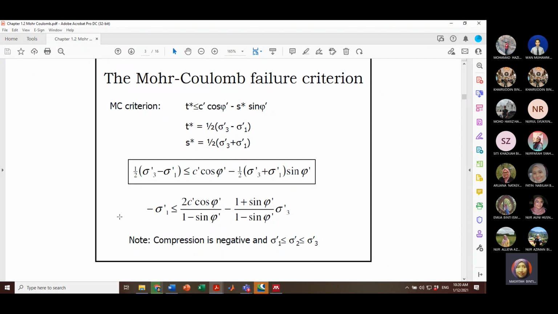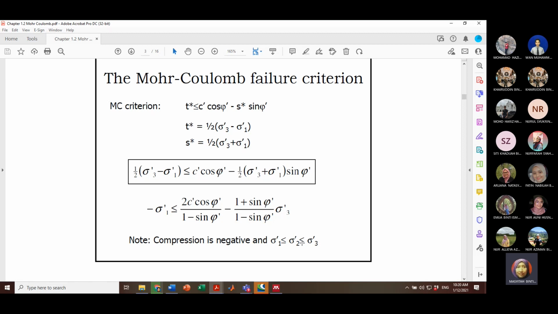In other words, it tells you that the effective major principal stress sigma 1 is the largest compared to the intermediate principal stress sigma effective 2, and the minor effective principal stress sigma prime 3 is the smallest.